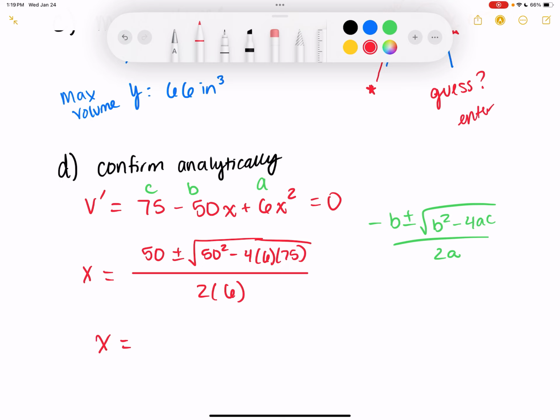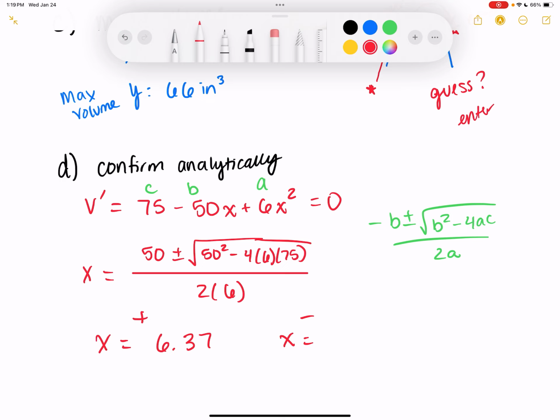The whole thing. For one of them, I don't know if this is right, but I got 6.37. Okay. Is that the positive or the negative one? The positive one. Okay, so I'm just going to put a little mark over it. So then for the negative one.